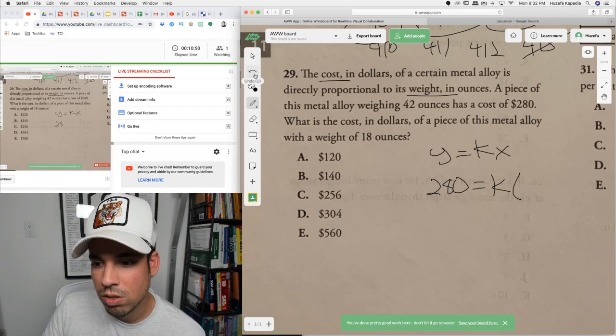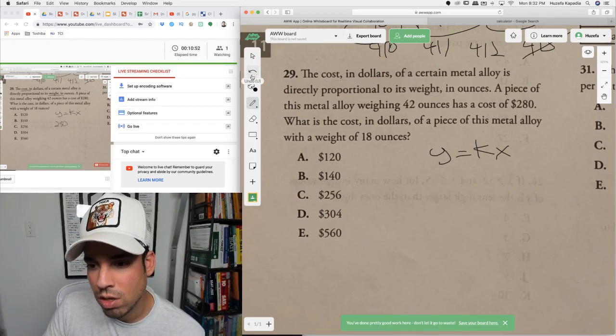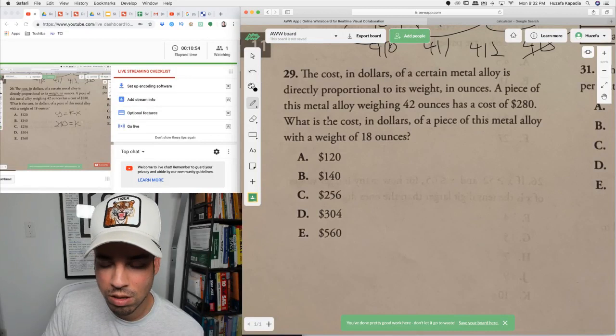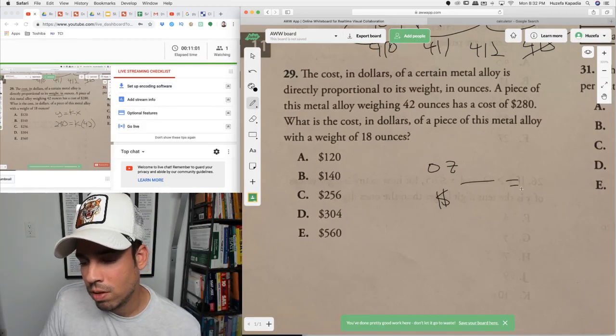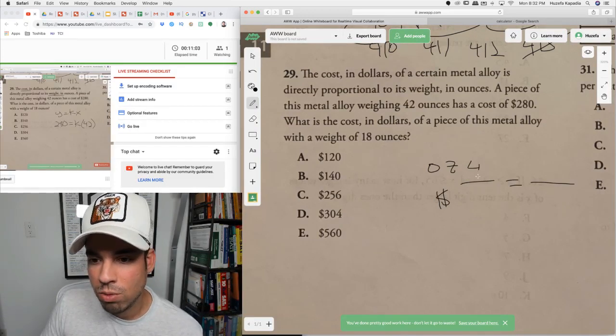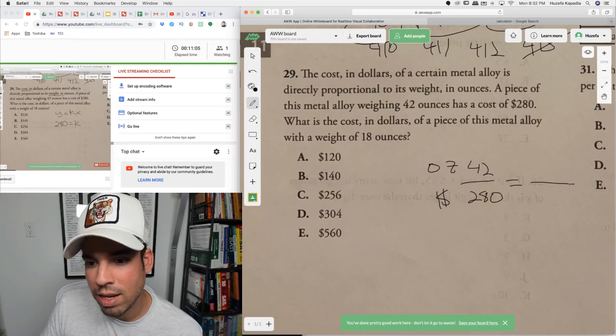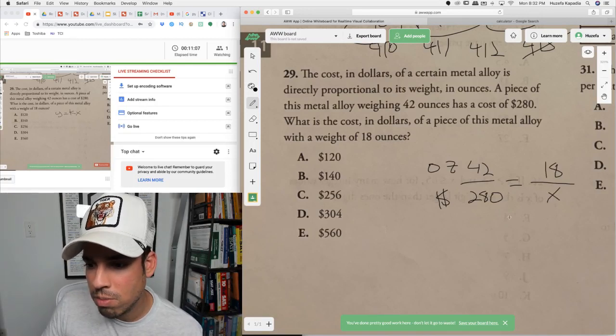No, there's a much easier way to solve this. Excuse me. I probably should have used a proportion, not the equation for directly proportionate. So we have ounces on top and dollars on the bottom. 42 ounces costs 280, and we want to know what 18 costs. Done.